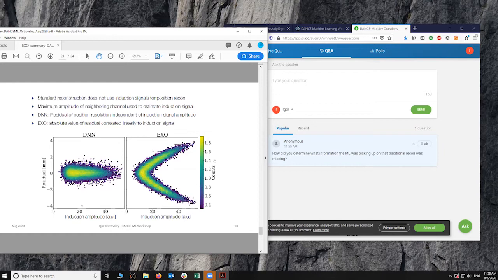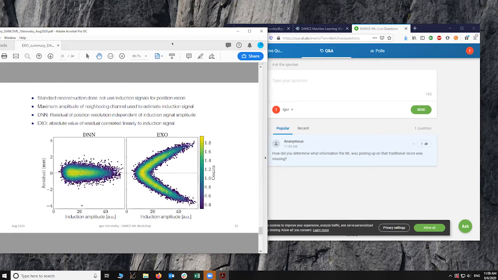That's something I didn't have a chance to cover here. We can reconstruct the charge position much better, again because we can use this induction signal. If we plot the residuals of position reconstruction as a function of the induction signals, we see that the deep neural network effectively has a way of calibrating it away, while the traditional reconstruction just doesn't pick it up.